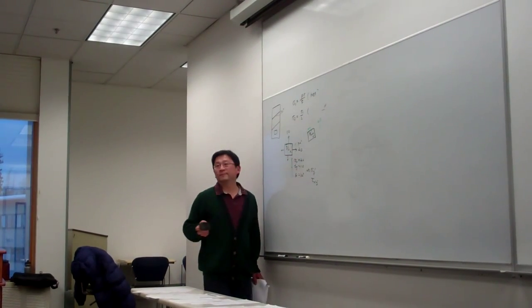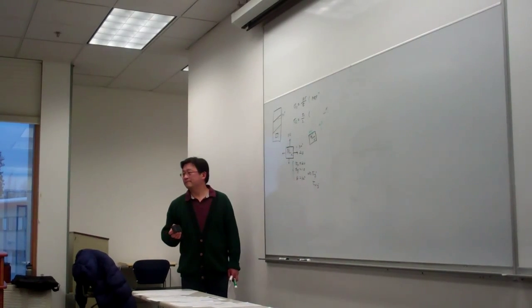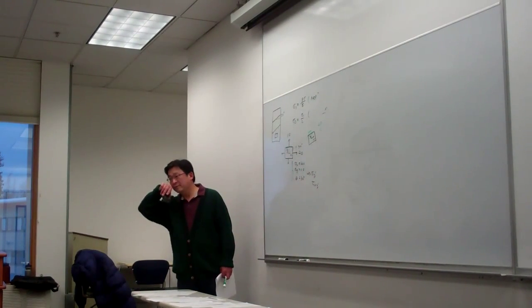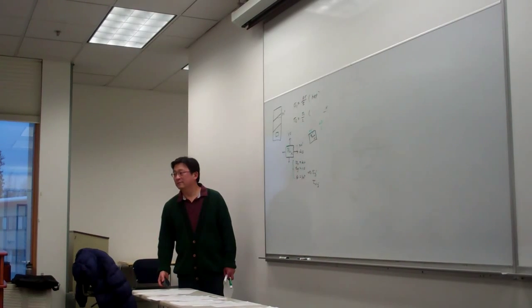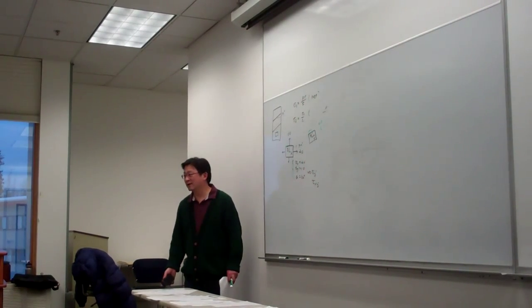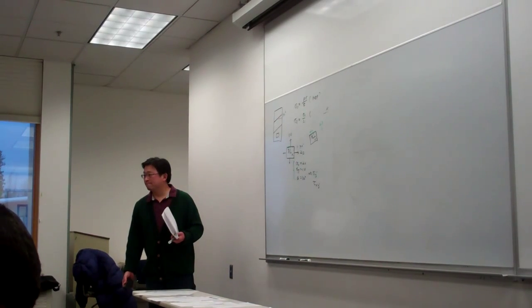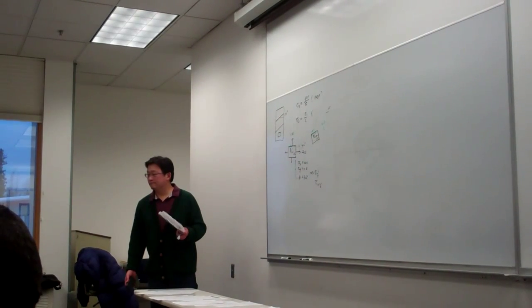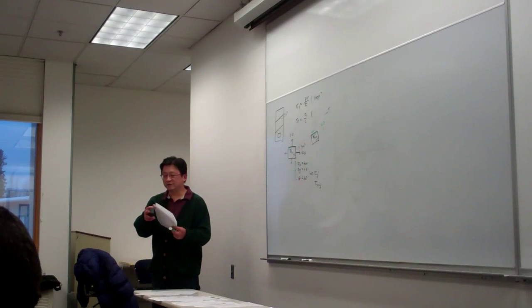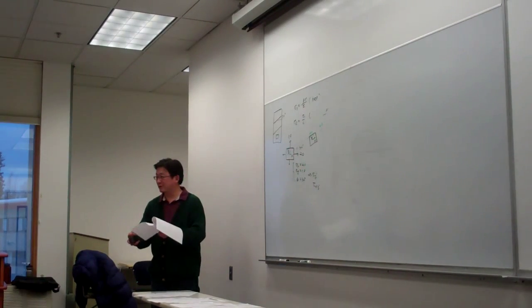Is it possible for you to give us the final answers for each of these problems, the correct values for each of the steps? Oh, you're asking whether I can provide you the solution?